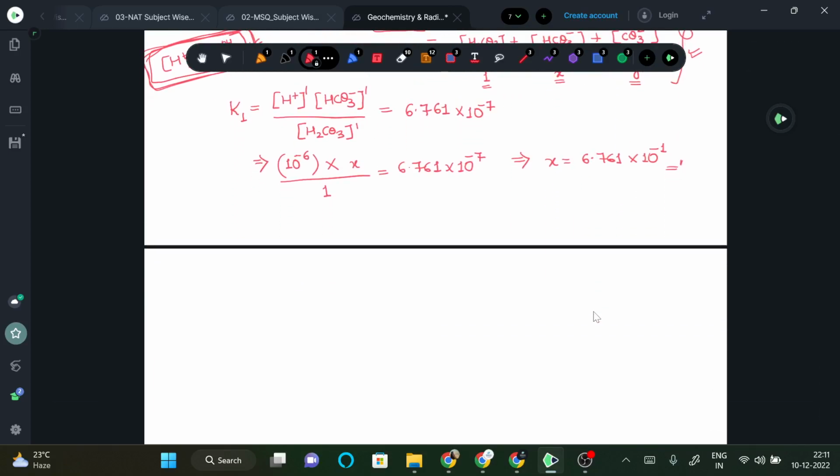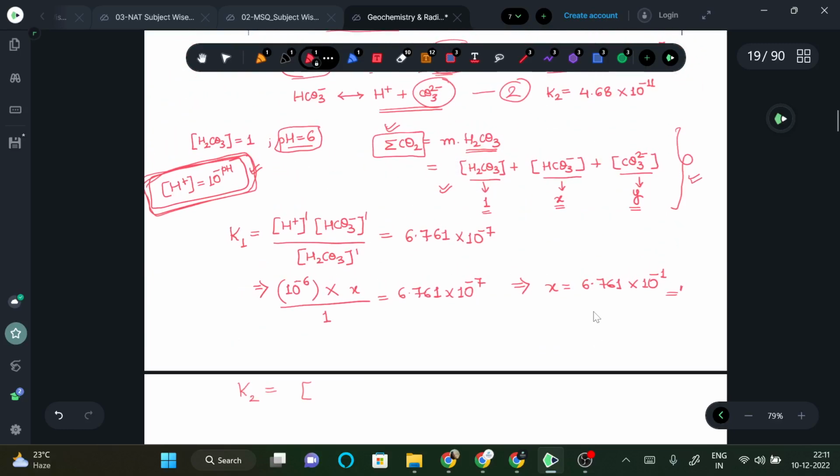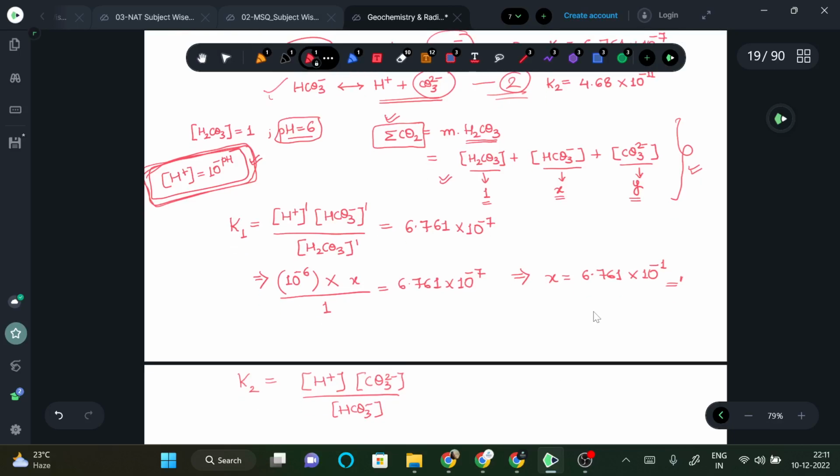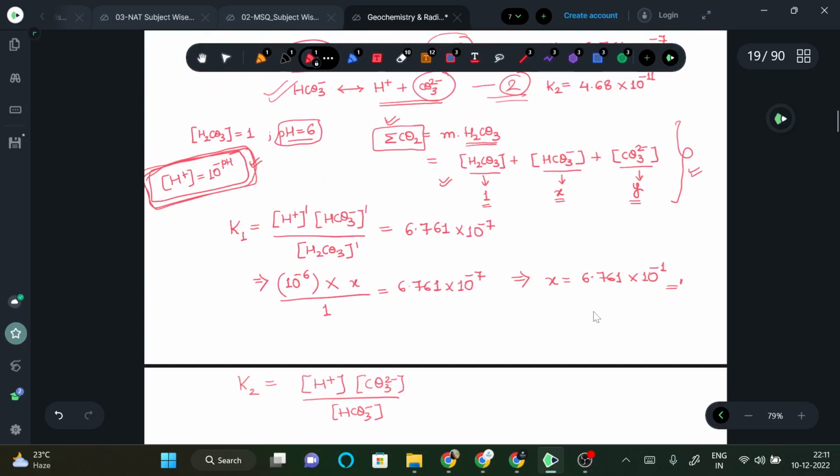Now coming to K2. Looking at the second reaction, K2 is again H plus, then CO3 2 minus, divided by HCO3 minus. Its value is given to be 4.68 into 10 to the power minus 11.